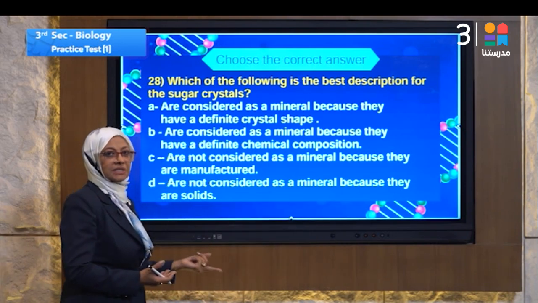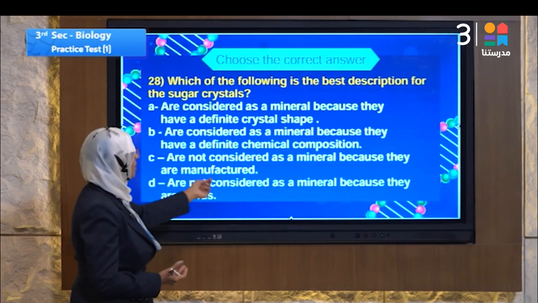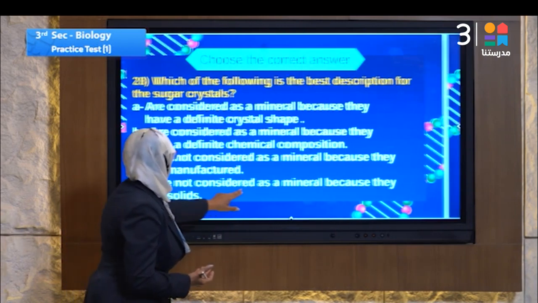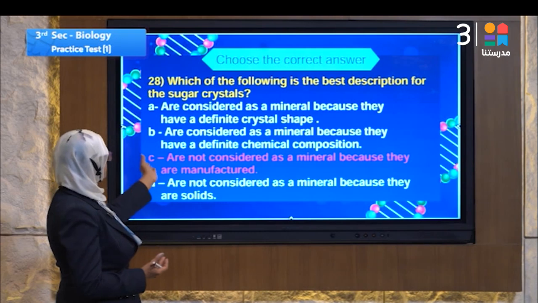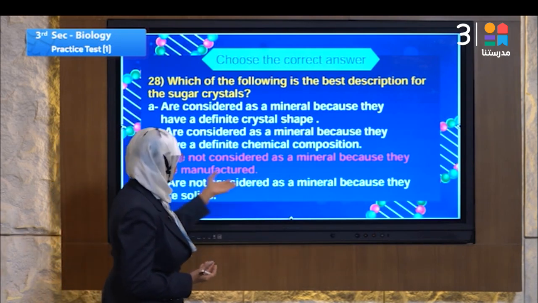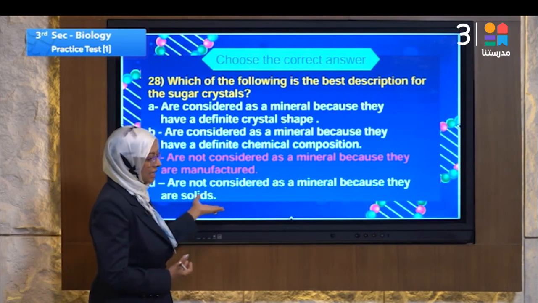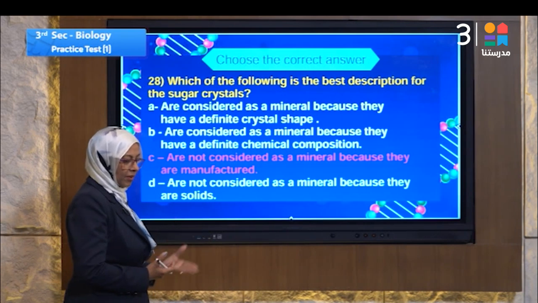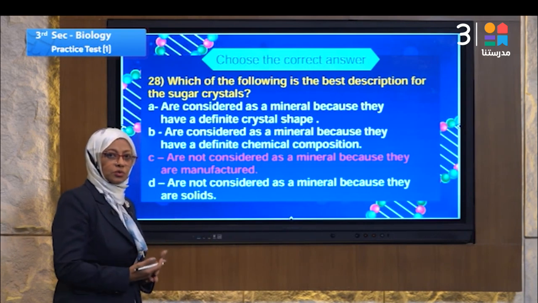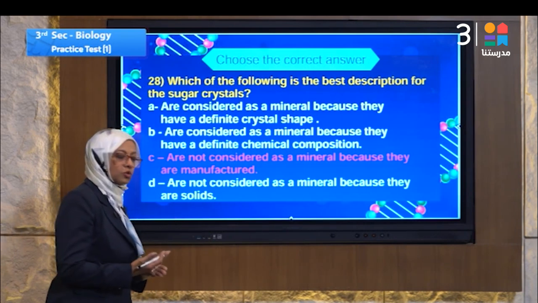So the answer must be C, because they are manufactured, not a mineral. They are manufactured by evaporating the sugar cane juice.